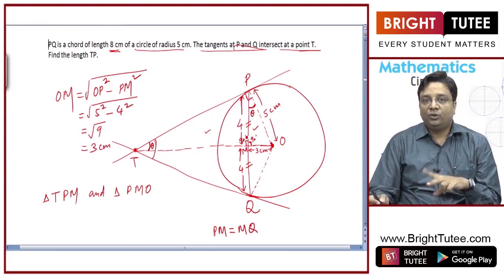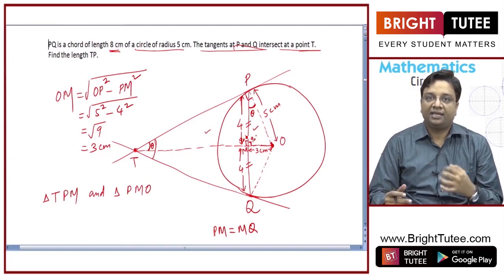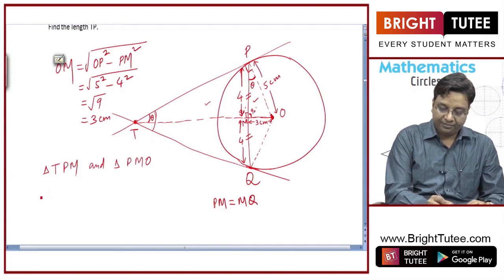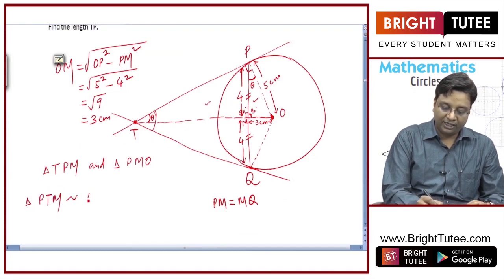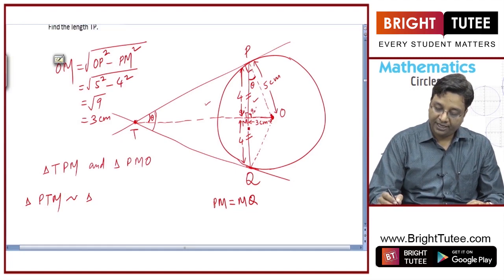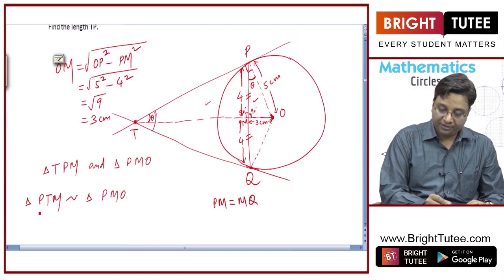Okay, and if two angles are equal in two triangles, what kind of triangles are they? They are similar, right? So triangle PTM is similar to triangle PMO. Let's see the correspondence here. Just check the correspondence first.